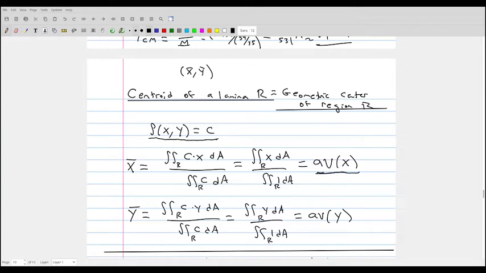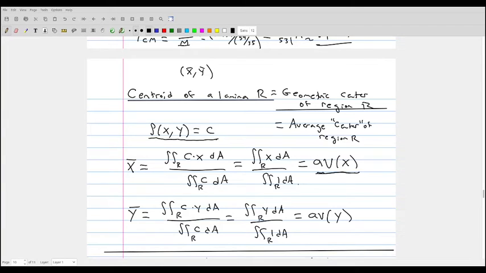We saw this before in our applications lecture as the average value of the function x over the region R, or the average value of the x coordinate in our region R, which is why we can also think of the centroid as the average center of the region R.